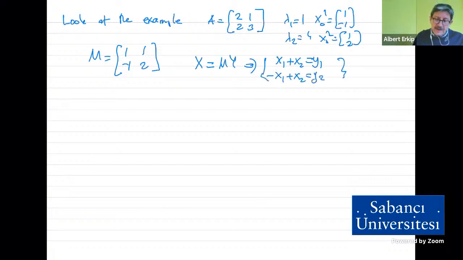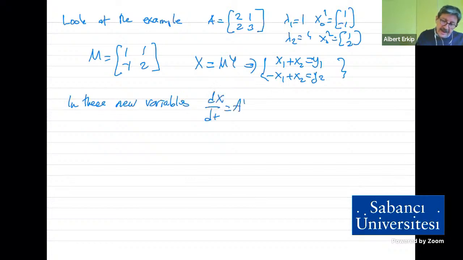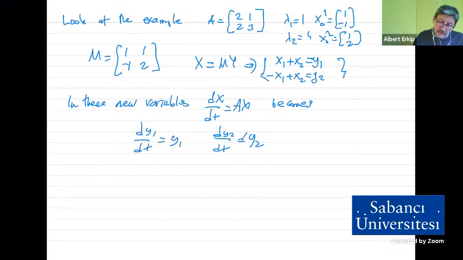Then if I solve this in these new variables, dx/dt equals ax becomes dy1/dt equals y1, dy2/dt equals 4y2.